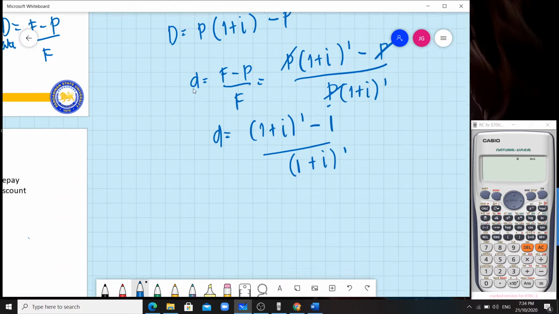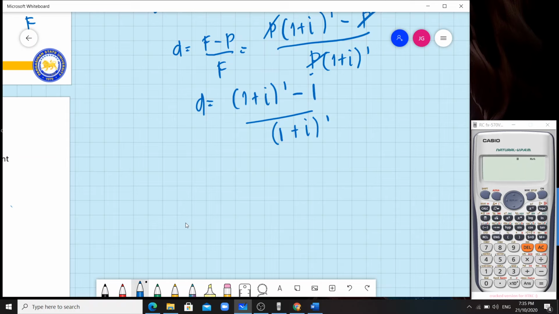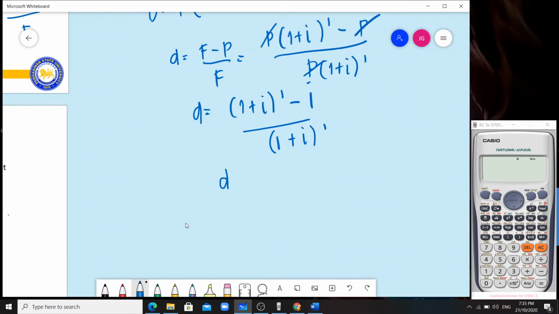So, kung aayusin pa natin siya, ayan. 'Di ba? Anything raised to 1 is ganun din. So, maka-cancel to. Magiging I over 1 plus I. Ayan. So, kung kukunin natin yung value ng I, D times (1 plus I) equals to I. So, D plus DI equals to I. Transfer natin sa kabila.